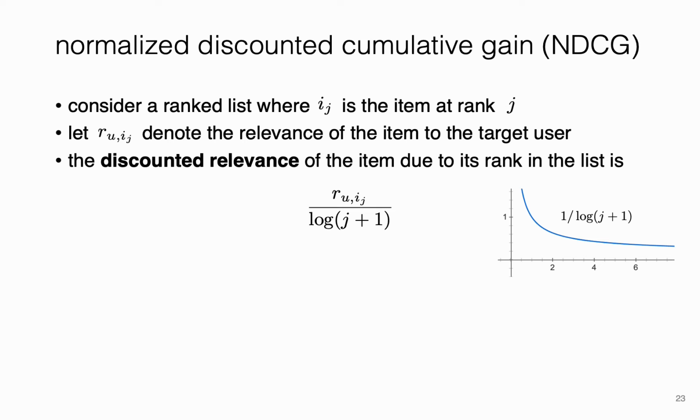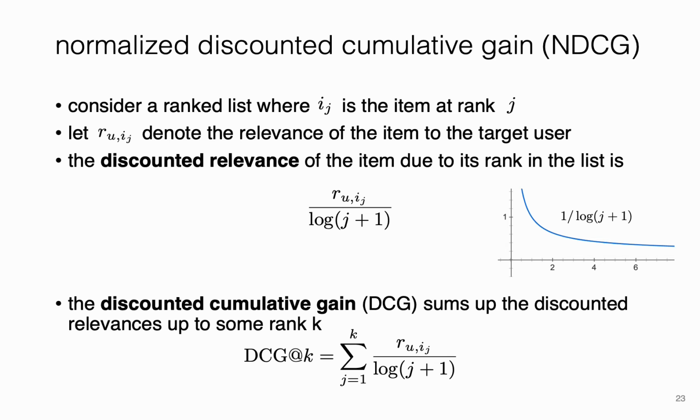The discounted relevance of the item due to its rank in the list is given by this formula. Essentially, the rating is multiplied with the logarithmic discounts, whose plot is shown here. For the first position, the discount is 1. Then, at each subsequent rank, it drops slowly.